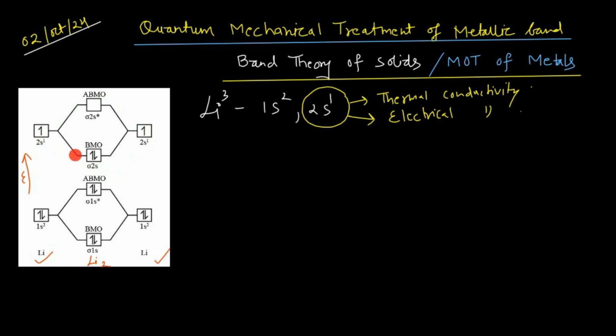So this is the diatomic, right? For example, you have lithium with 3 atoms, right? You have Li3. This is Li2, and this is the diagram of Li2. And if you have triatomic lithium, then definitely you will have 3 energy levels.